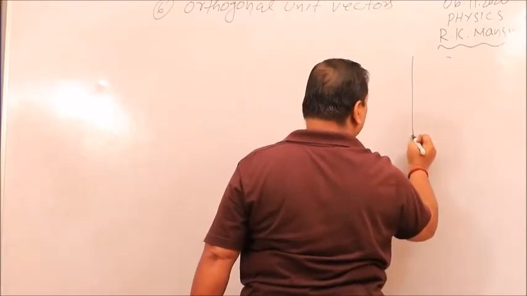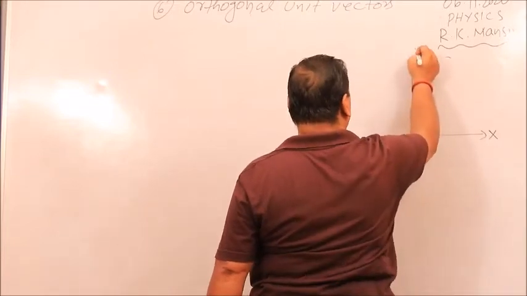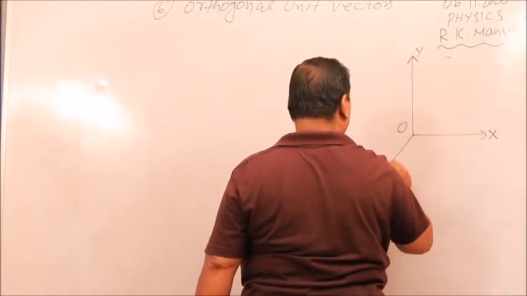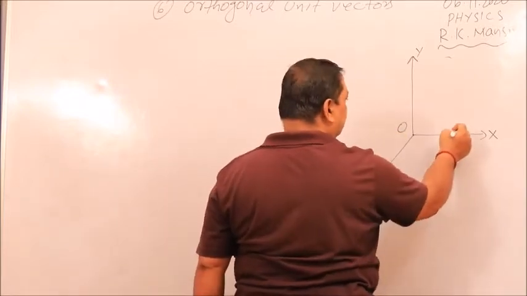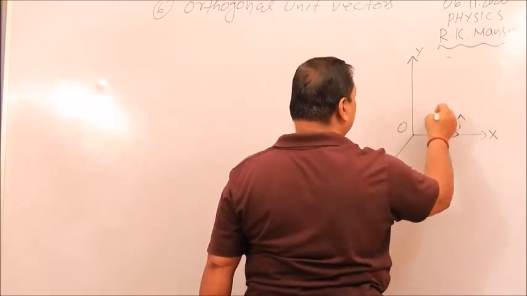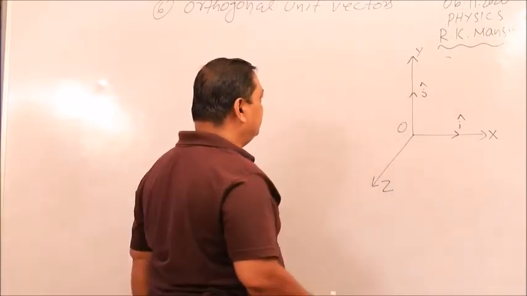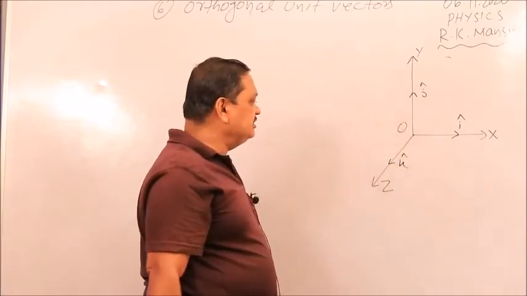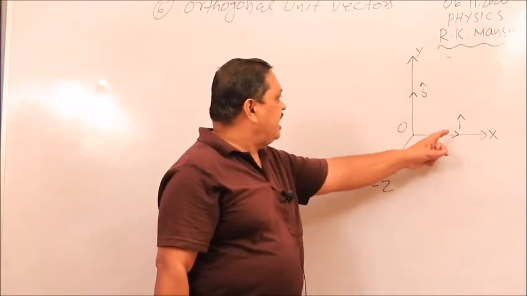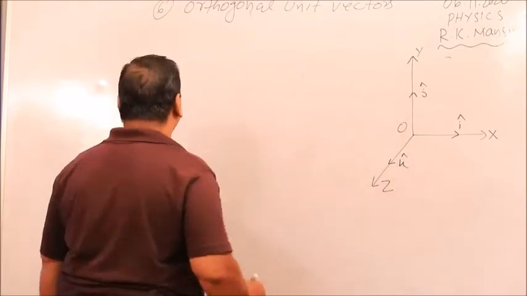Here you see 3 axes, 3 orthogonal axes, OX, OY, OZ. Along x axis, unit vector is i cap. Along y axis, unit vector is j cap. Along z axis, unit vector is k cap. So i cap, j cap, k cap are 3 orthogonal unit vectors.